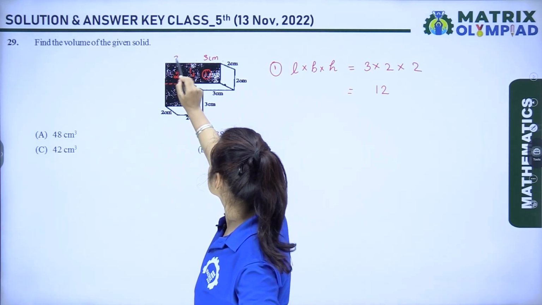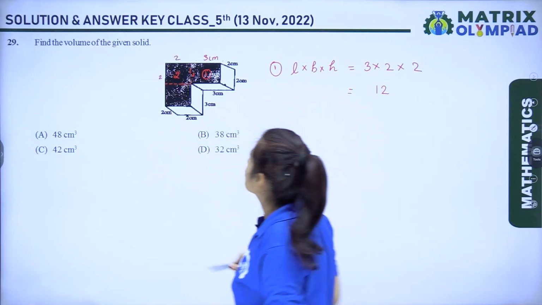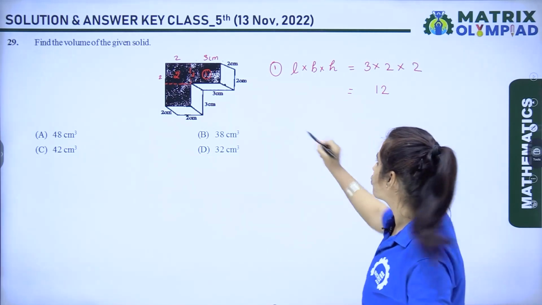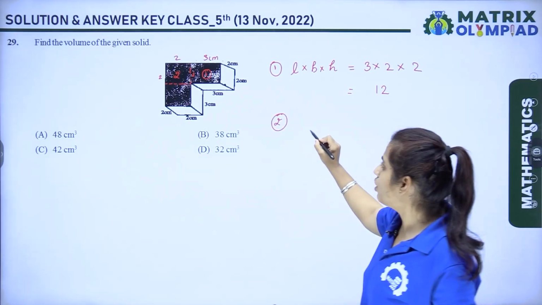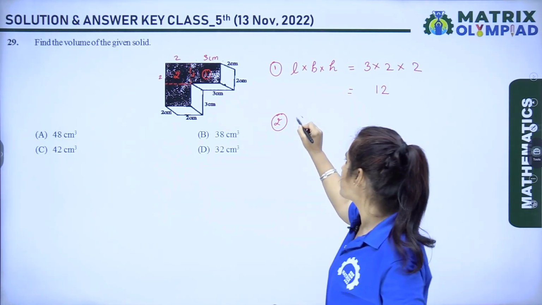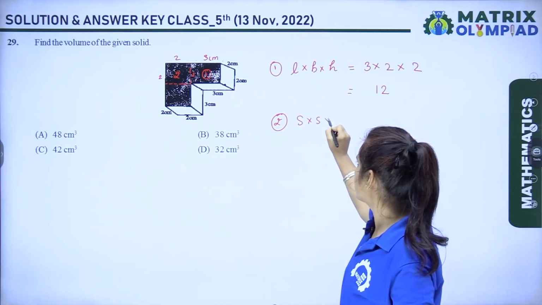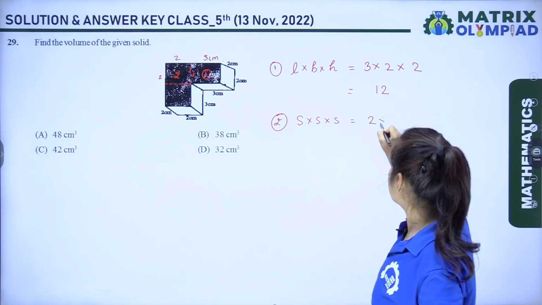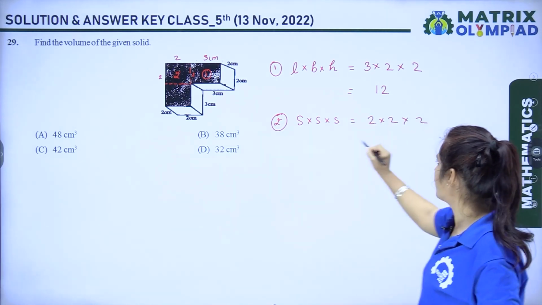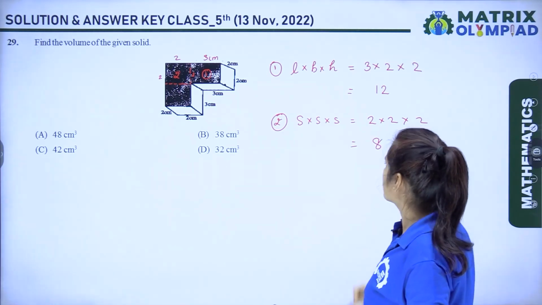This is also 2, well 2. So, this is a cube. So, figure 2 is representing cube. So, volume of cube is side into side into side. It means 2 multiplied by 2 multiplied by 2, which is 8.